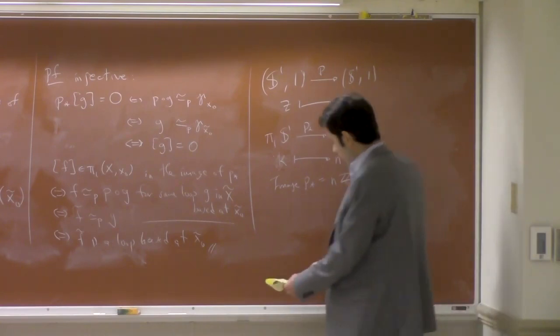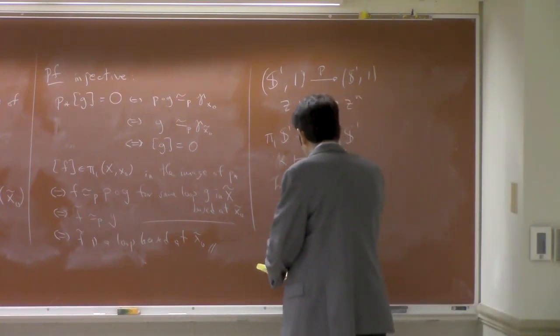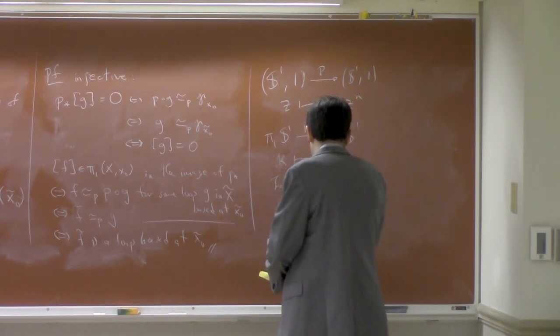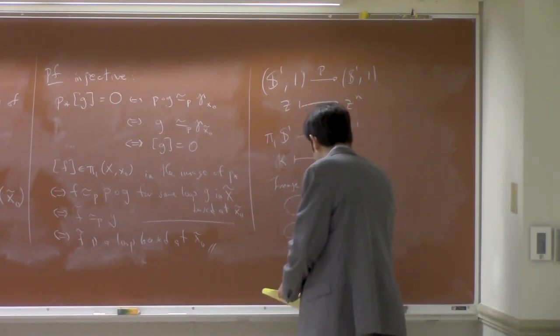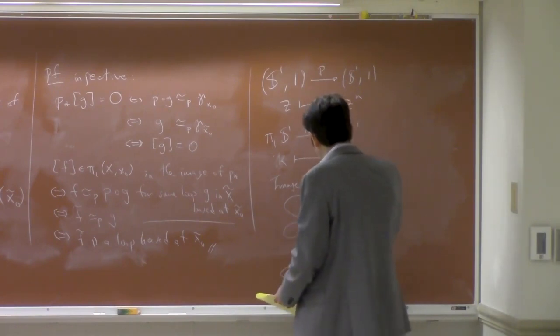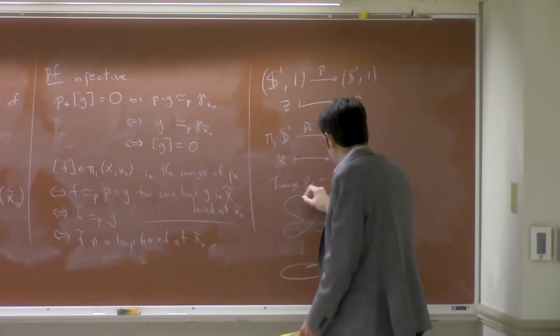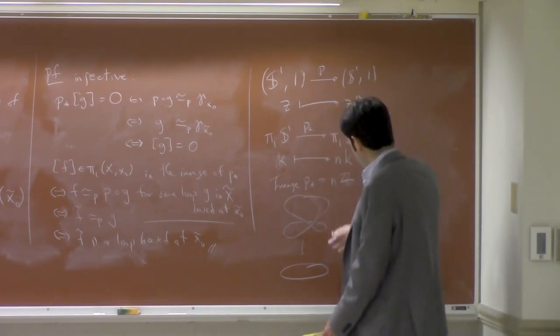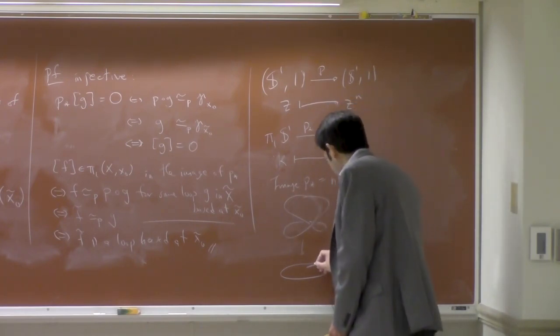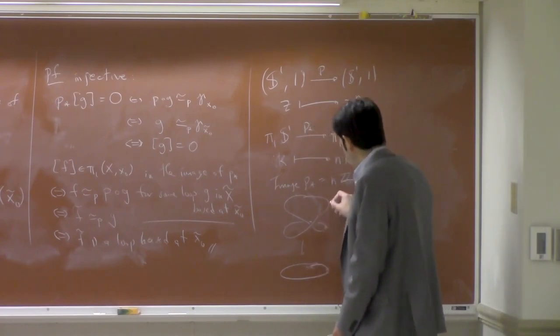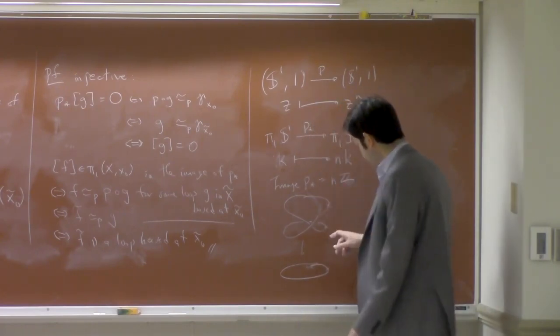Right? So if we draw the case of 2, so let's say that you have these two loops over here, and so sorry, you have this covering space with 2 points sitting above each point downstairs.